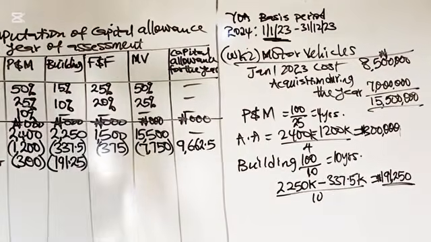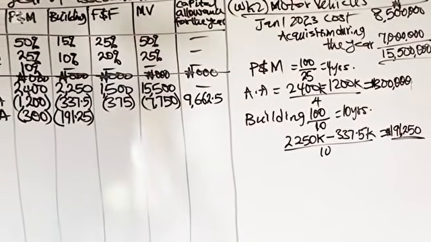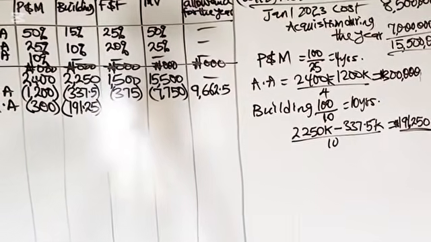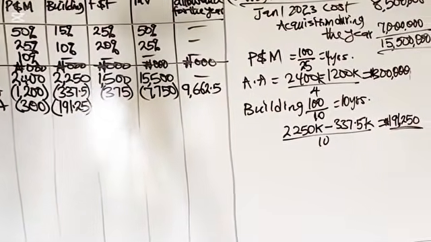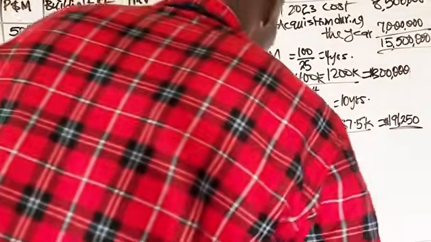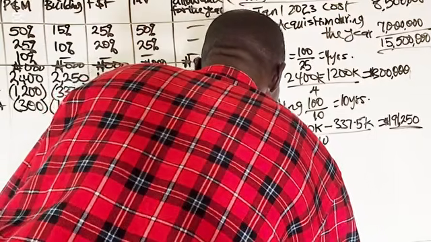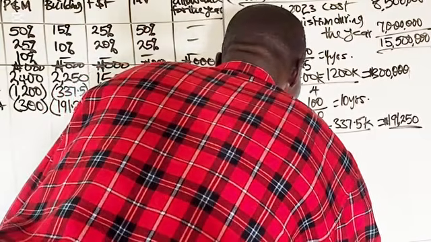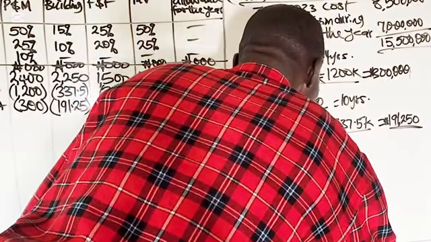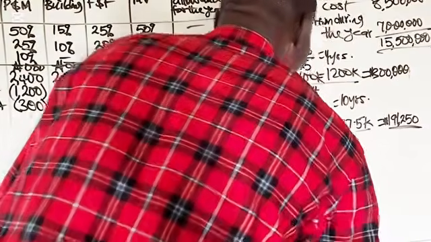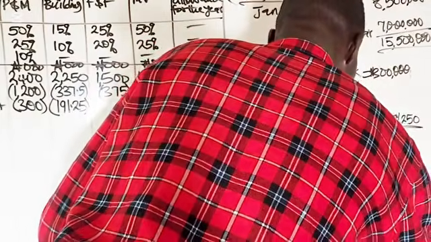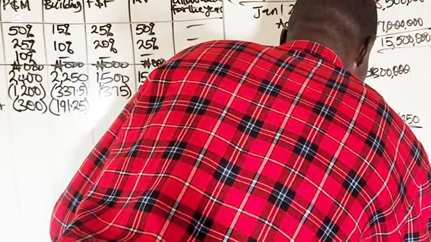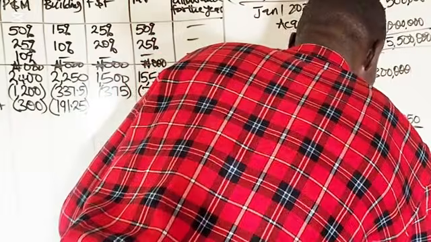So then we also have furniture and fittings. The annual allowance rate of furniture and fittings is 20%. How many years? That will be 100 over 20. Since the annual allowance rate is 20%, that will be 5 years.